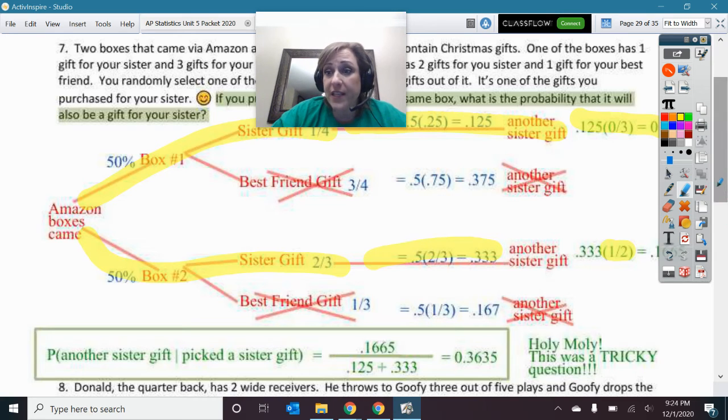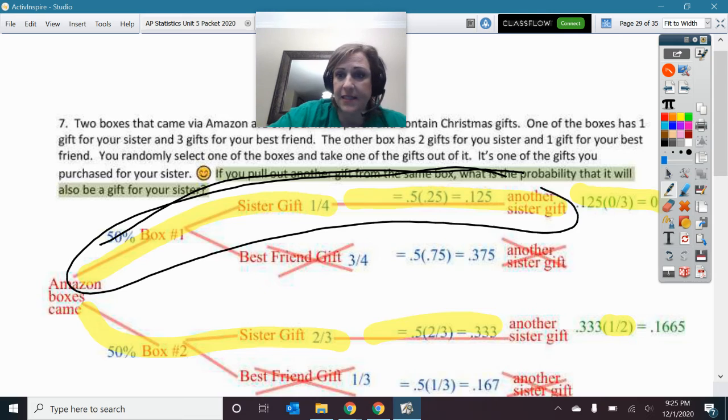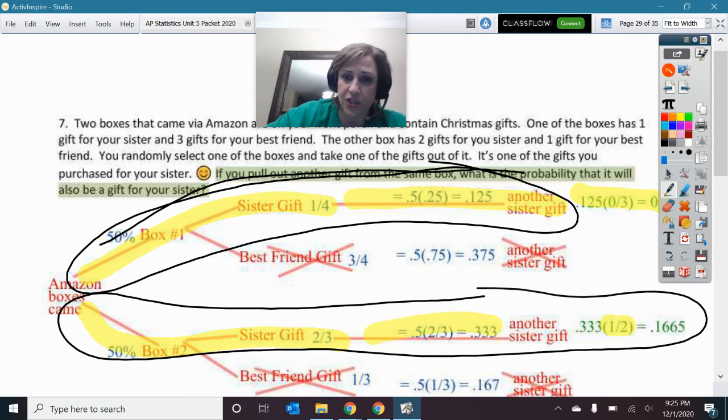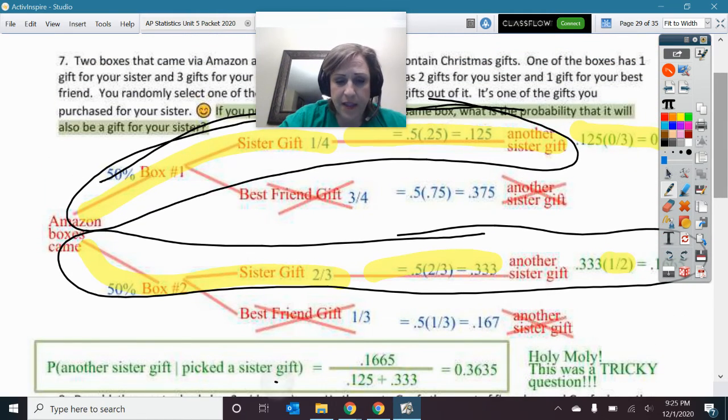So in order for this to happen, you need, out of, so here is the question. Given that you pulled out one, okay, so given that you are in this situation or this situation, so given that the first gift was for your sister, what's the probability that you get another gift for your sister?